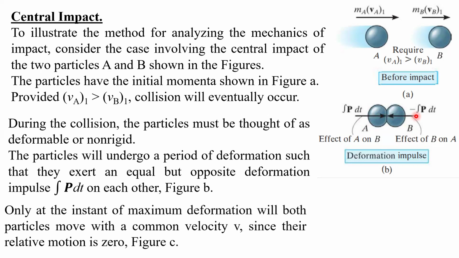Only at the instant of maximum deformation will both particles move with a common velocity v, since their relative motion is 0. So they will now move together, with a common velocity that is neither vA nor vB.